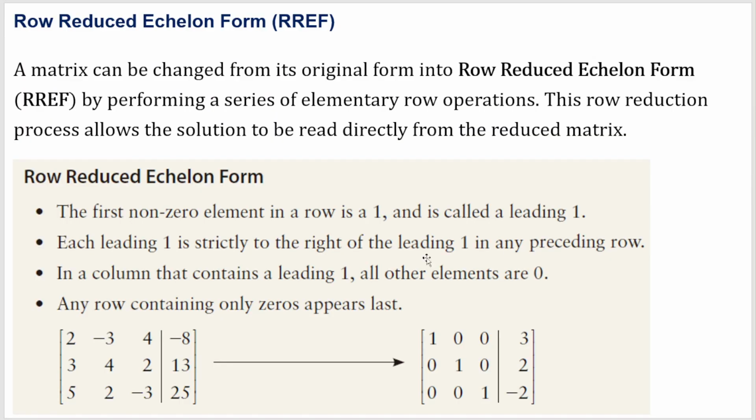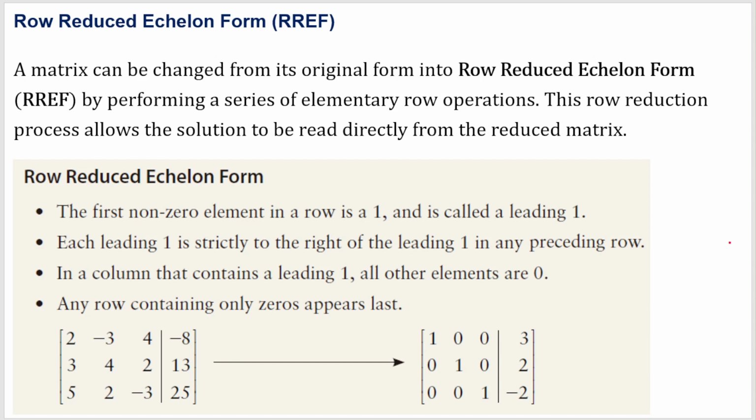So that's our target. And there is a special name for this type of matrix. This is called row reduced echelon form, or RREF.